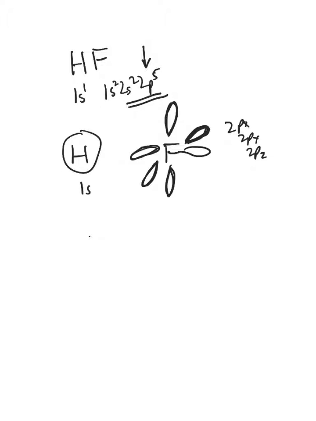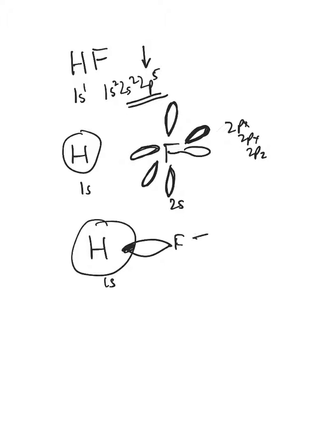So as these 2 atoms come together, we're going to see the overlap of the 1s orbital from hydrogen with one of the 2p orbitals from fluorine. And so that overlap is going to give rise to our sigma bond.